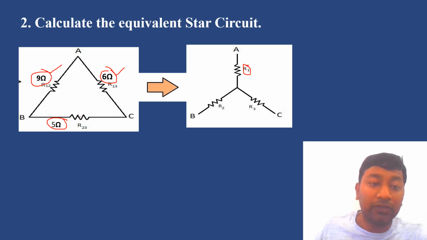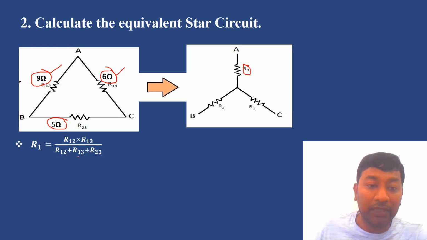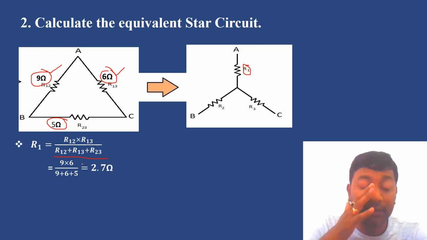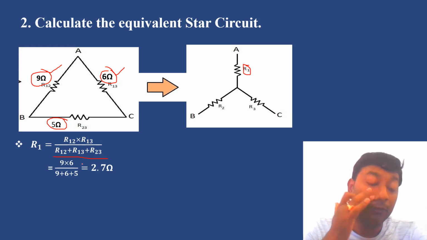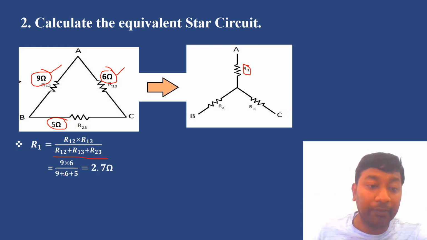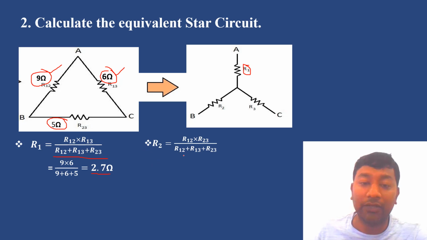R1 is R12 into R13 divided by R12 plus R13 plus R23. So 9 into 6 is 54, divided by 20, so the answer is 2.7.